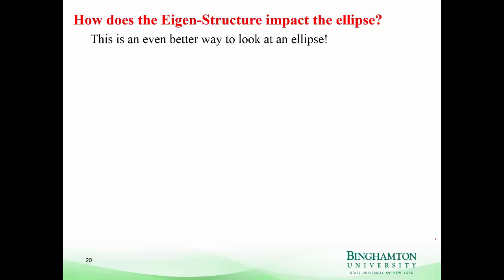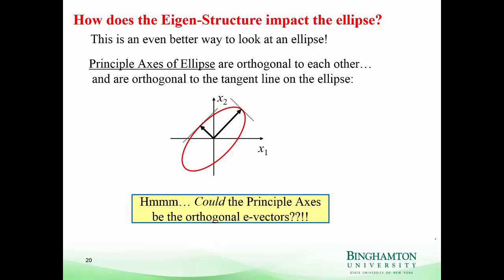So here's the amazing part, even more amazing. The eigenstructure of the matrix tells us an awful lot about the ellipse, and that's a really cool way to look at an ellipse. You may have learned the term principal axes of the ellipse. We'll imagine the ellipse being centered at the origin.